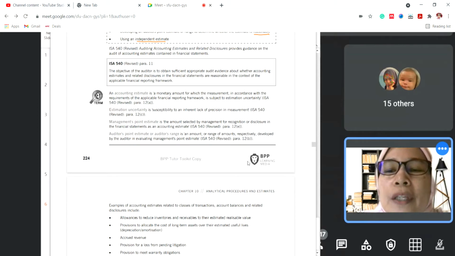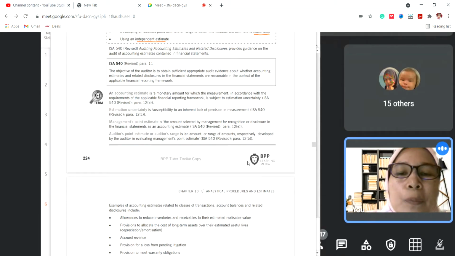The objective of the auditor is to obtain sufficient appropriate audit evidence about whether accounting estimates and related disclosures in the financial statement are reasonable in the context of the applicable financial reporting framework. An accounting estimate is a monetary amount for which the measurement, in accordance with the requirement of the applicable financial reporting framework, is subject to estimation uncertainty.